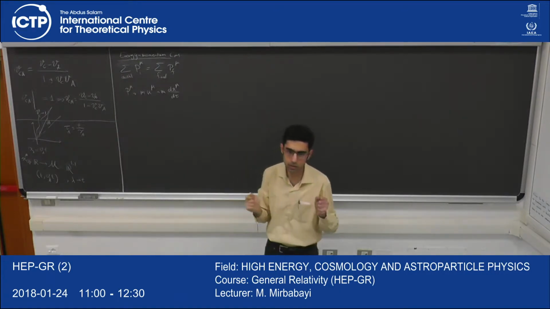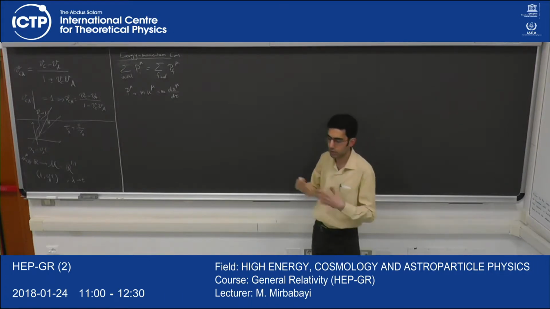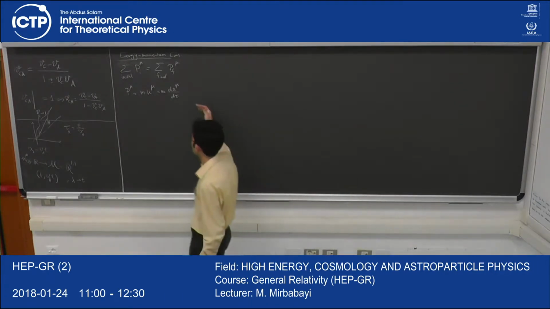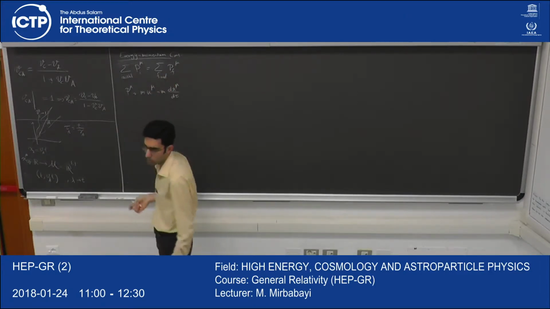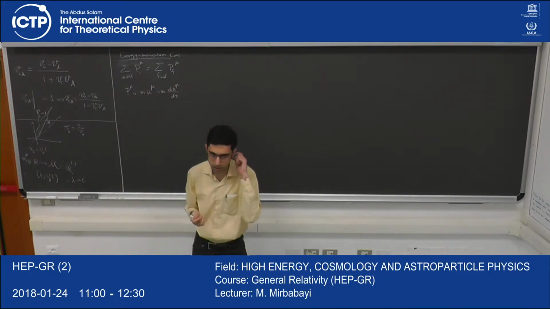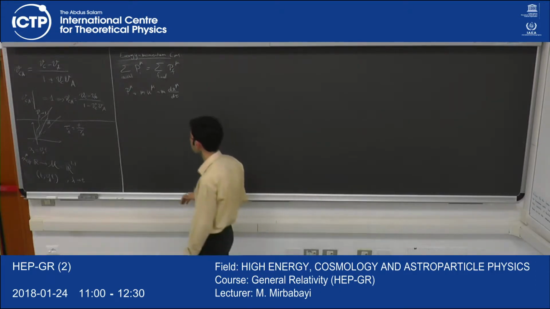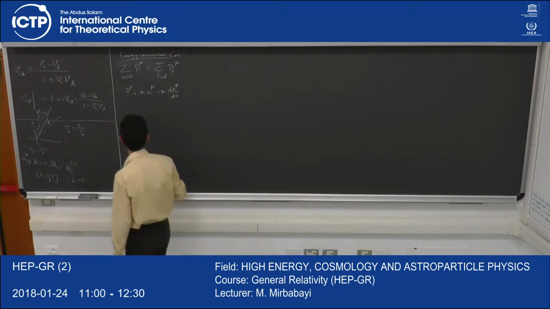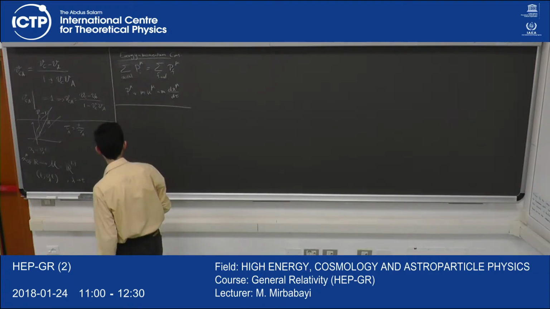If we consider particles which have small velocities, in that limit, this equation reduces to the usual energy momentum conservation that we have in the Newtonian limit. So this is one general rule.